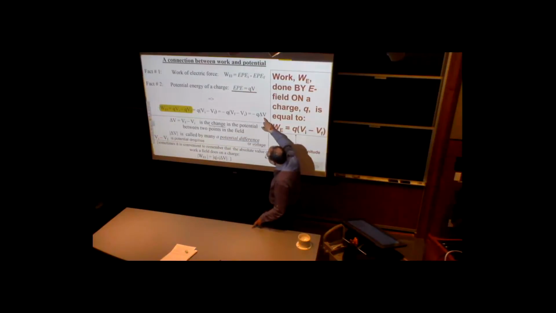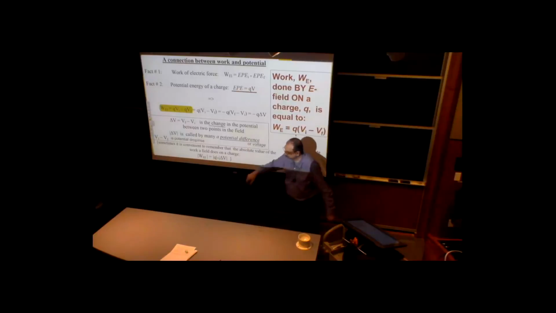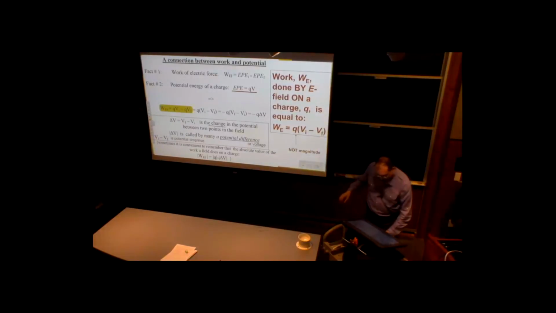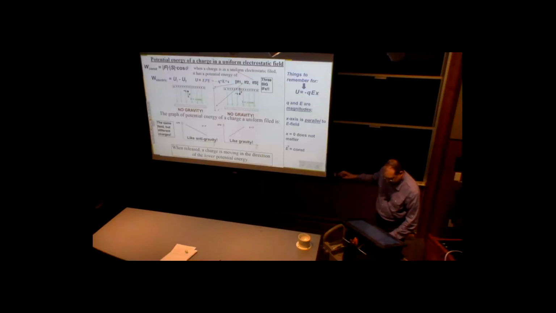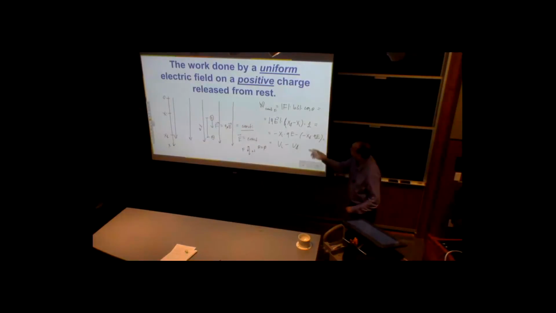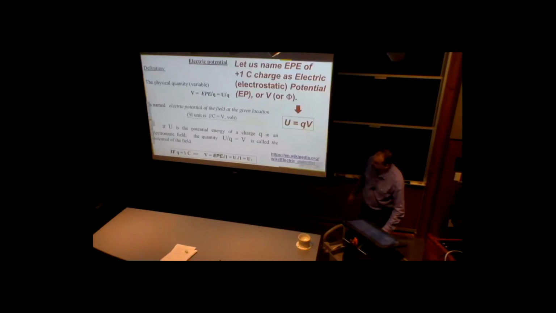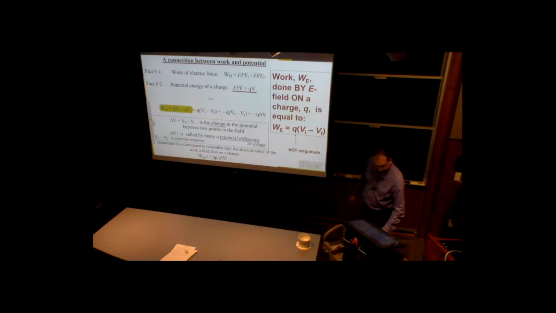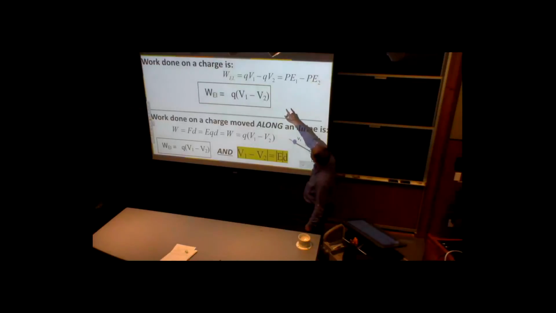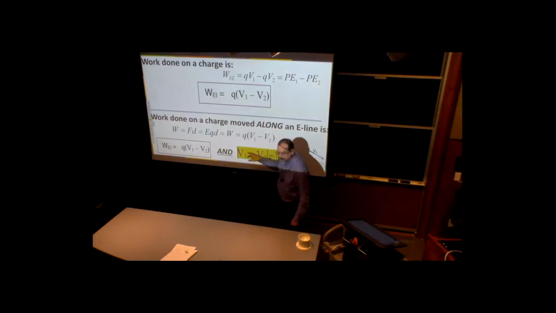But also, in the past, we had this equation, same work. So if we write these two equations together, like here, we can derive a relationship between electric potential difference and electric field strength. The charge disappears, getting canceled.